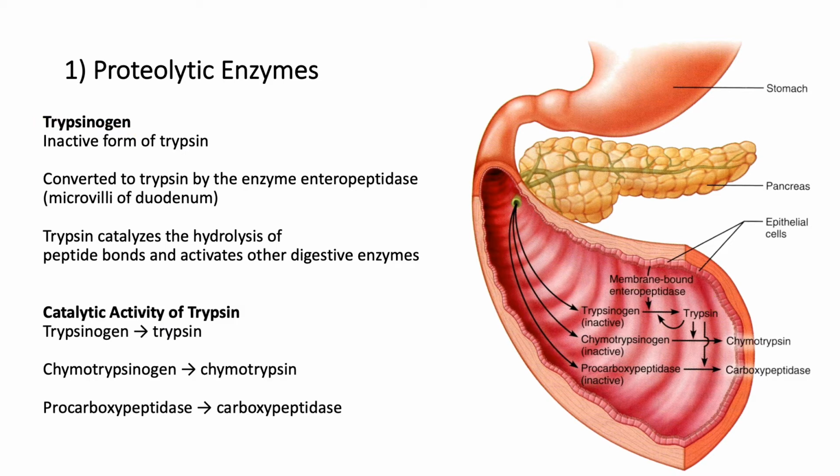After trypsin is activated by enteropeptidase within the brush border, it can convert the other proteolytic enzymes to their active forms. So we can see here that we also have chymotrypsinogen, and then via trypsin activation, this will be converted to active form chymotrypsin. We also have procarboxypeptidase, and that'll be converted again by trypsin to carboxypeptidase.